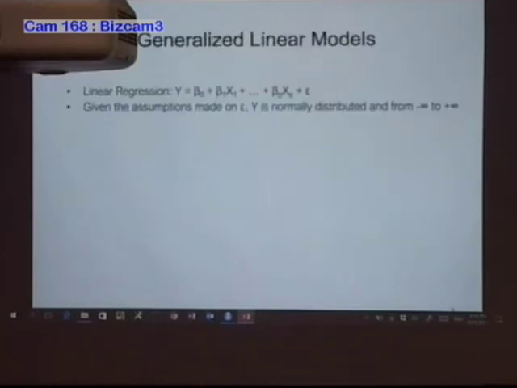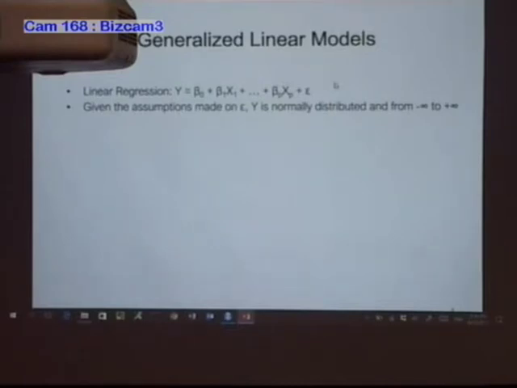All right, so let's start from the question we talked about last time. Last time we talked about linear regression. We said we can represent the Y we're interested in by some combination of the features plus some noise.